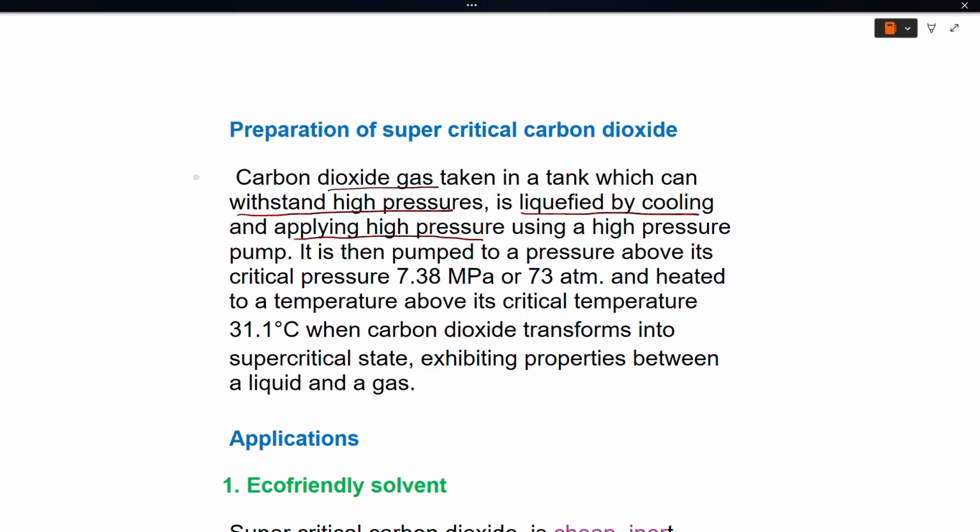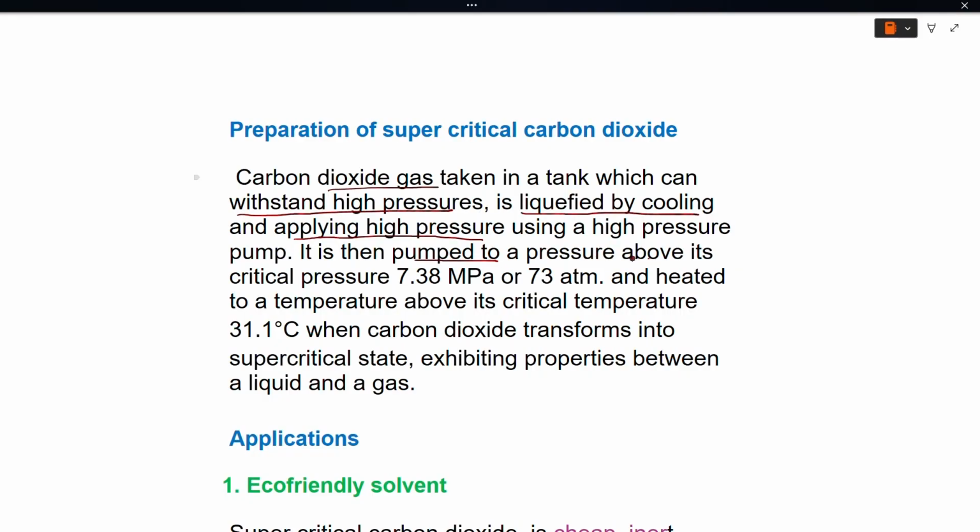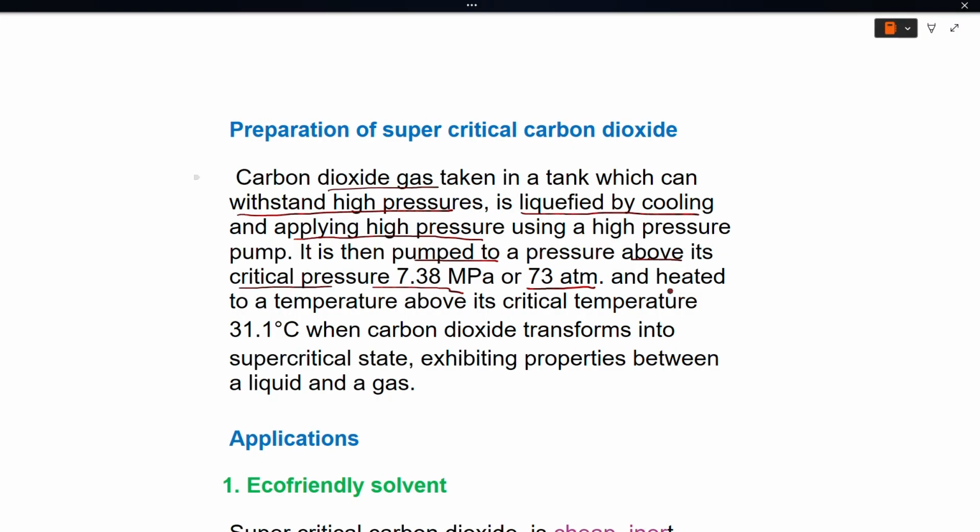Now this liquefied carbon dioxide is pumped to a pressure above its critical pressure, that is 7.38 megapascals, or you can say 73 atmospheres. So the pressure will be slightly above the critical pressure, and then it is heated to a temperature of about 31.1 degrees Celsius, which is the critical temperature of carbon dioxide.